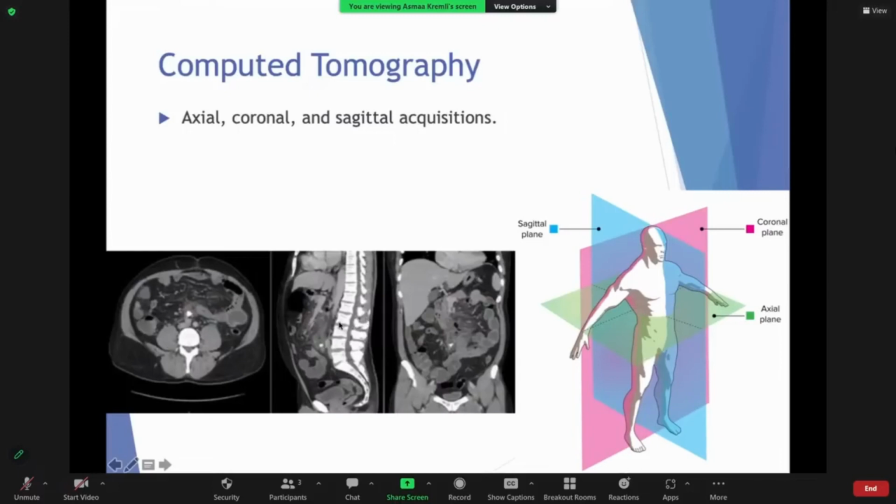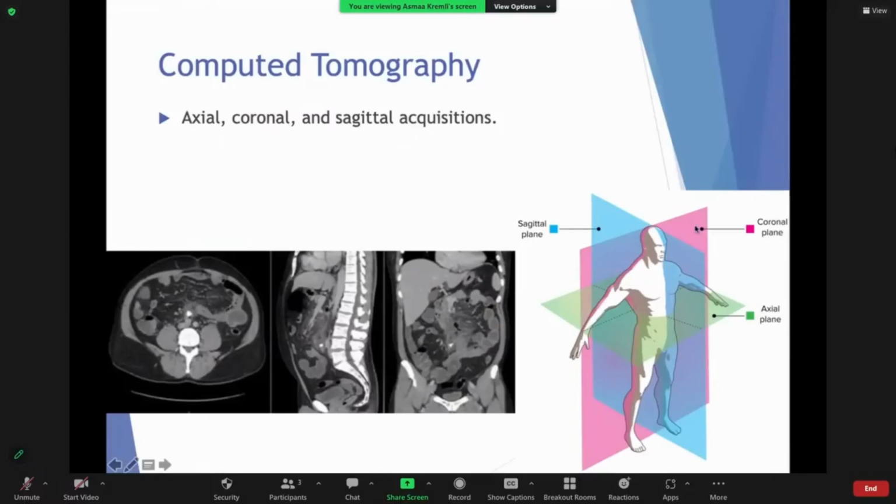And then the sagittal plane, which is the blue one, will show the anterior and posterior, and one cut will only show either lateral or midline or medial, and so on. In addition, it will show the superior and inferior parts.